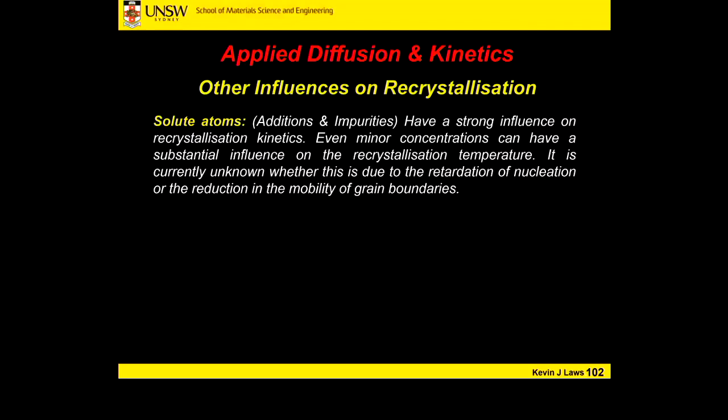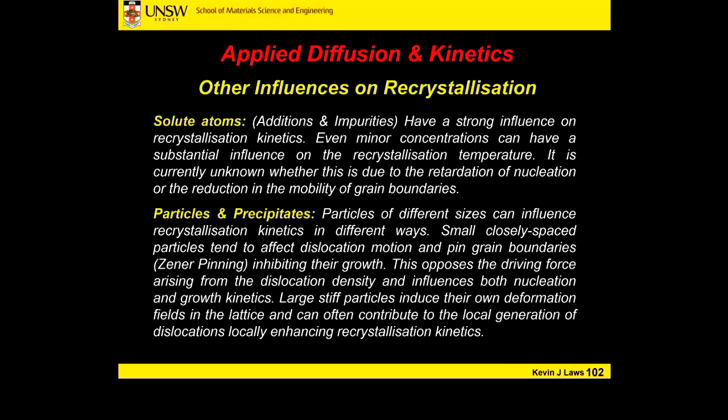When they're attracted to defects, they're hard to pull away. So by decreasing the mobility of dislocations, we're decreasing the rate at which they can start to form those cells for recrystallization. Having solute atoms in a system, we can actually alter the recrystallization kinetics of our material. We can engineer materials to do this if we don't want recrystallization to occur, or we can try to remove specific impurities that have the same effect.